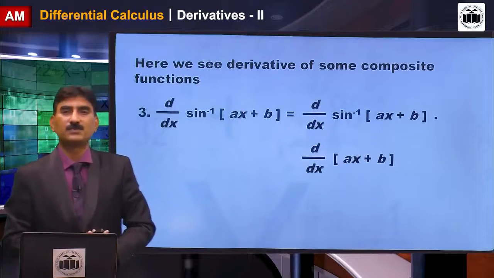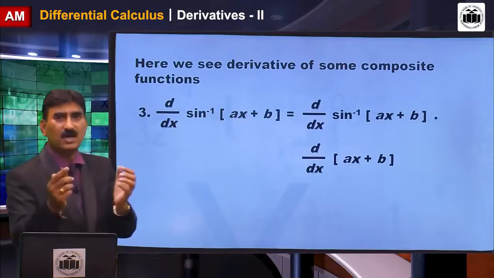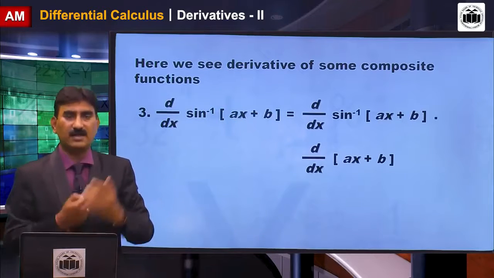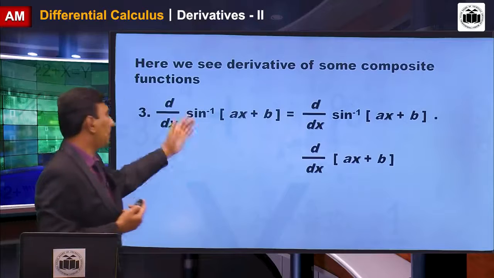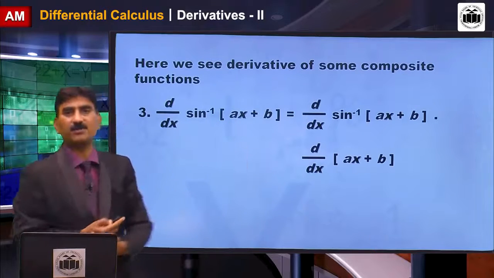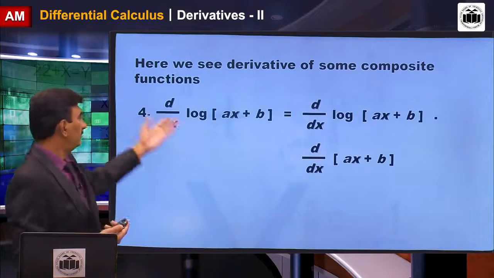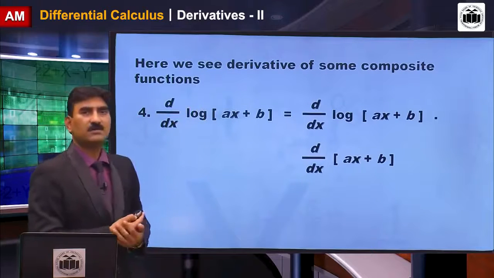Similarly, the derivative of sin inverse of ax plus b. So what is the outer function? Correct, sin inverse. So the derivative of sin inverse of ax plus b, and then again take the derivative of ax plus b. Similarly, the derivative of log of ax plus b.